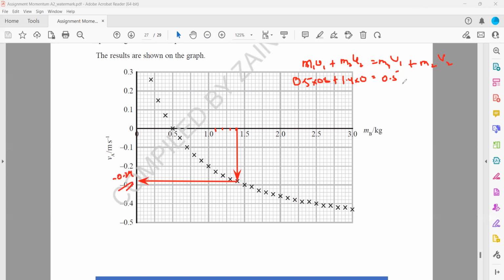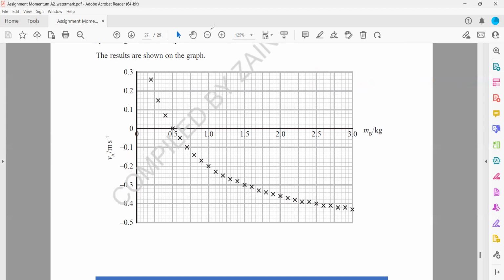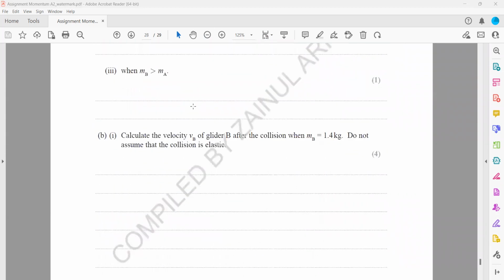So we substitute negative 0.29 times 0.5 plus m2 is 1.4 and v2 we don't know. We simplify and find the final speed of this mass B. You just have to solve for that.